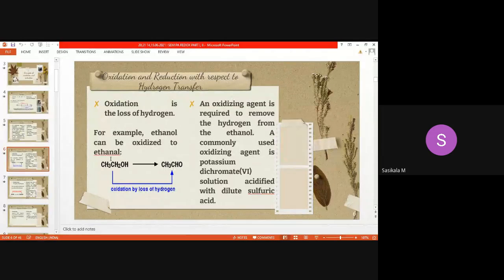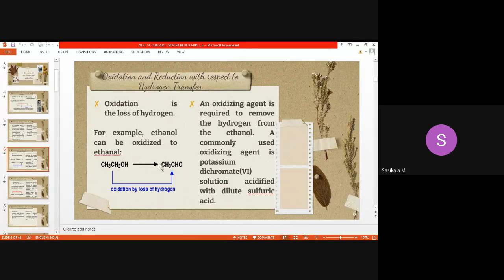H2, one hydrogen molecule, has been removed from ethanol to form acetaldehyde. So ethanol is converted to acetaldehyde. This process is called oxidation, where loss of a molecule of hydrogen occurs.